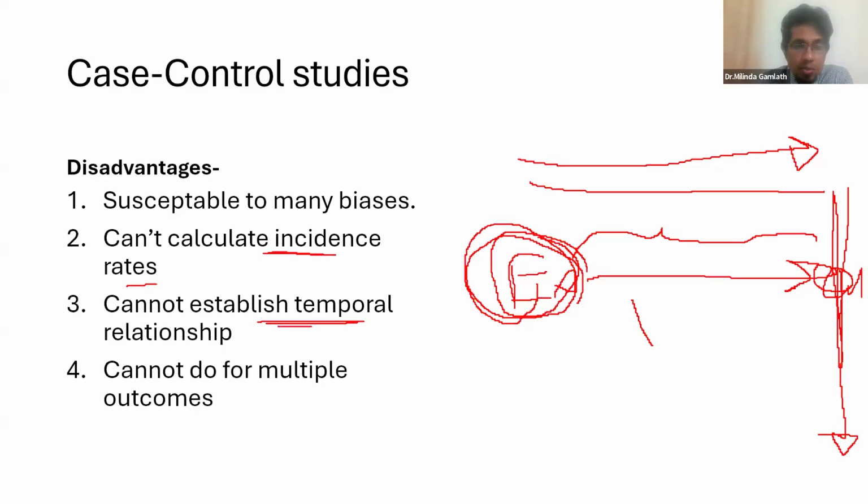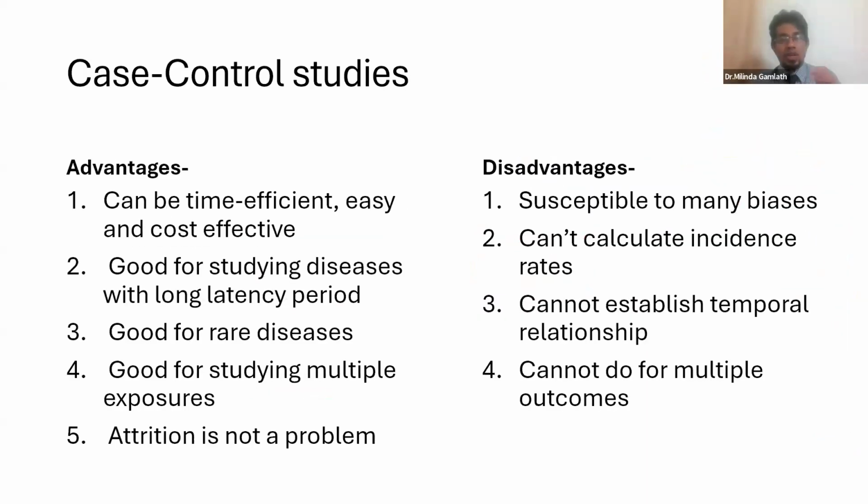So you cannot establish a temporal relationship, and you cannot do multiple outcomes, because you start with only one outcome, and one group with an outcome and one group without an outcome. You cannot study multiple outcomes. So those are the advantages and disadvantages of case control studies. And I hope that's clear.